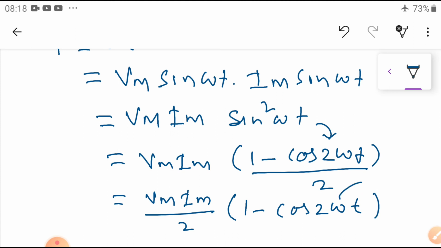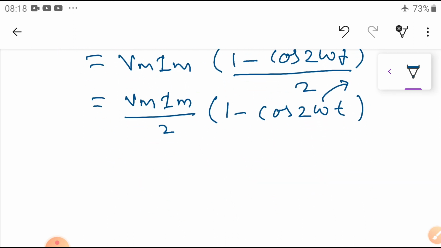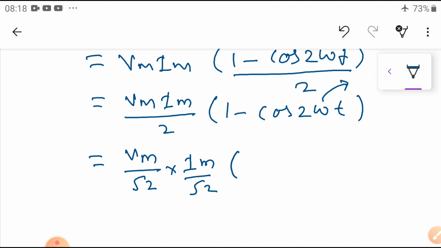Here is the double the frequency. Now in this case I can write Vm by root 2 into Im by root 2, because root 2 times root 2 becomes 2. Then I can write 1 minus cos 2 omega t.